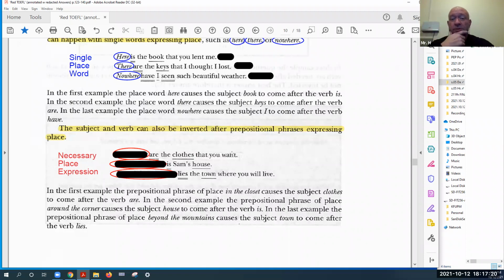Al Harbi, your turn. Is Sammy's house. What does that mean? Is Sam's house? What does it mean? The idea is incomplete. You understand? All right, Osama, third one. Lies the town where you will live.